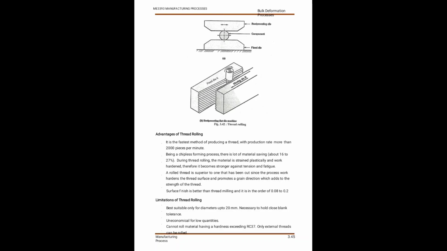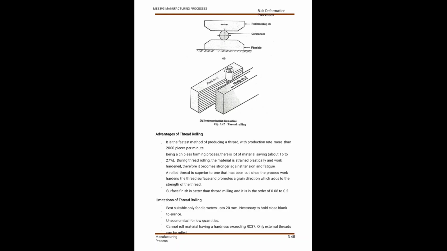Their advantage: it is the fastest method of producing thread, with a production rate of more than 2000 pieces per minute, being a chipless forming process. During thread rolling, the material is strained plastically and work hardened.